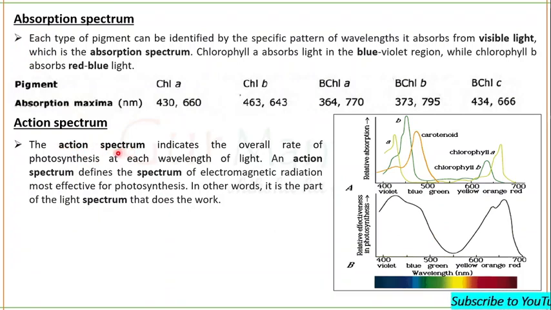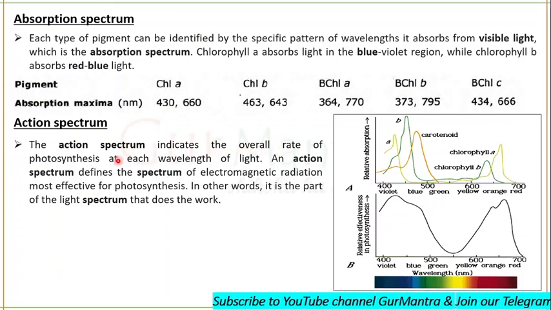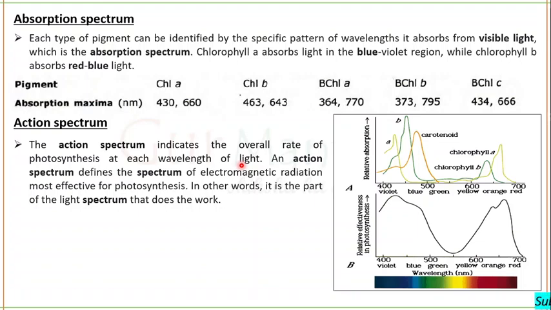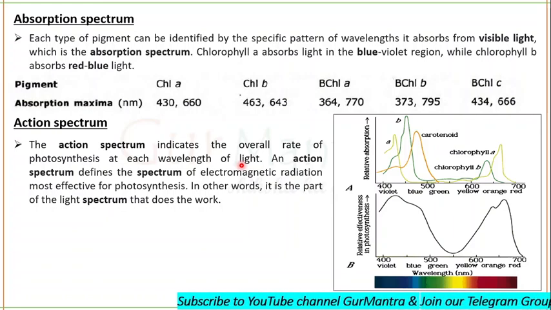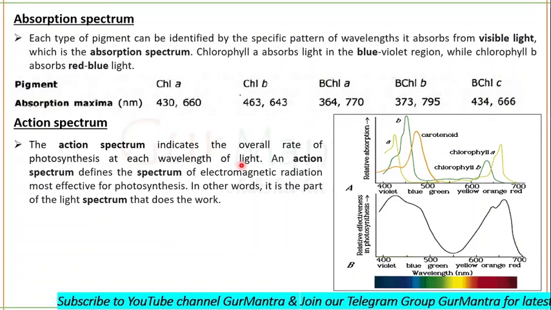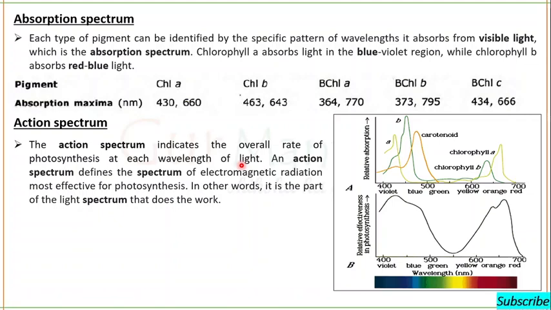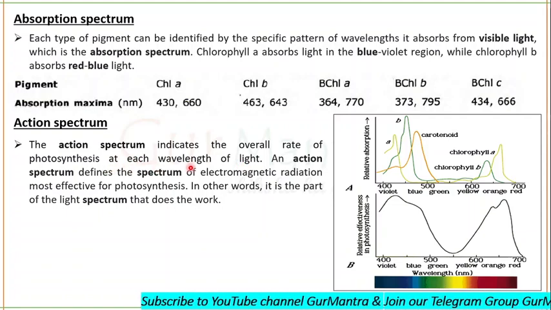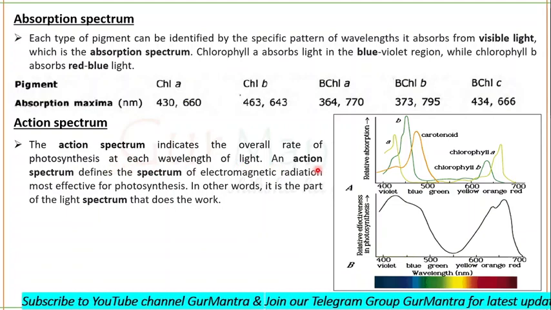Action spectrum actually tells us the overall rate of photosynthesis at each wavelength of light. From the action spectrum we get to know how much photosynthesis is taking place at which wavelength. Okay, so this action spectrum will tell us the overall rate of photosynthesis at each wavelength of light.